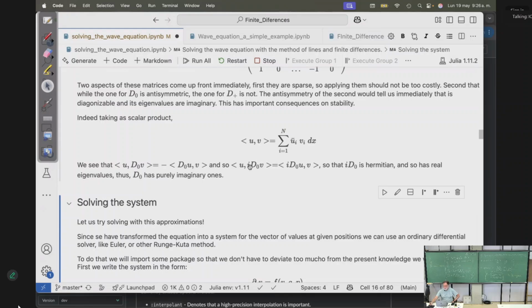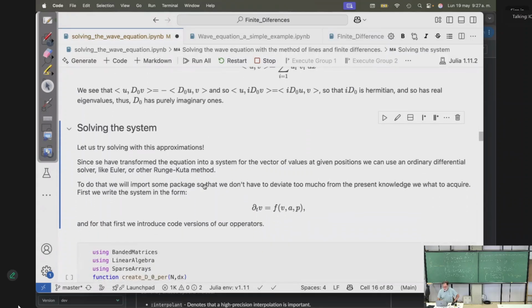So I times D0 can go to the other side because you have the complex conjugate here. So this is the same as this. So this operator, I D0, is Hermitian, and so the eigenvalues of I D0 are real, and therefore the eigenvalues of D0 are purely imaginary.